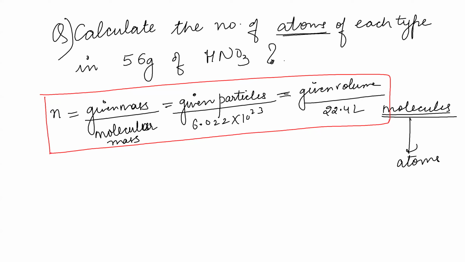And then there's the same for nitrogen. And then for oxygen, it's 3.212 times 10 to the power 23 particles of oxygen.